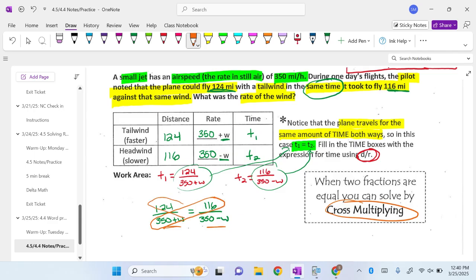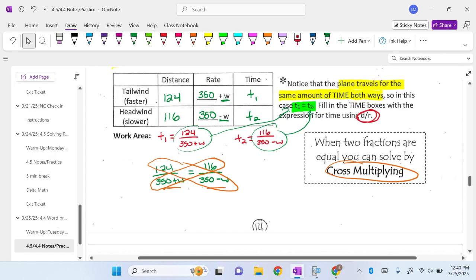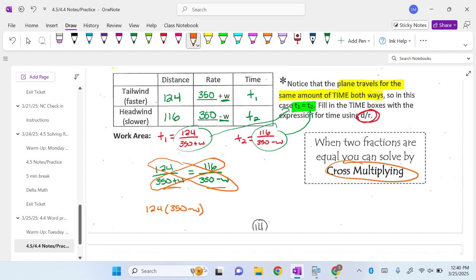So this would actually be a nice linear problem. We don't have to worry about quadratics. If I cross multiply, I would get 124 times (350 minus W) equals 116 times (350 plus W). Then I just distribute and solve.